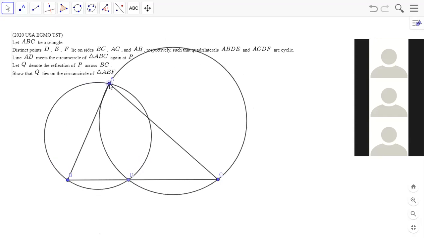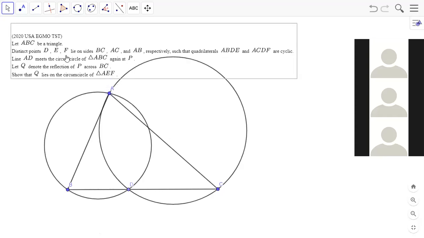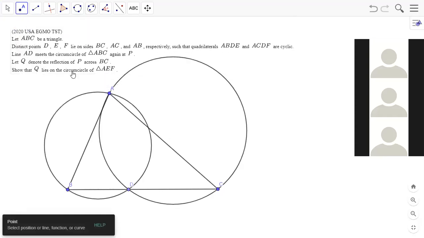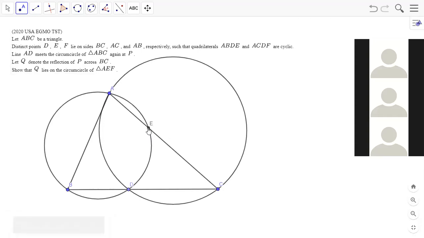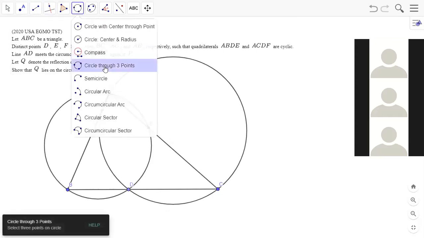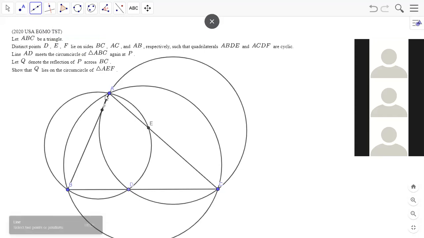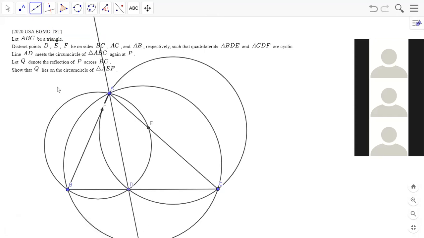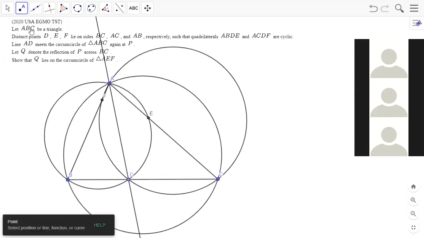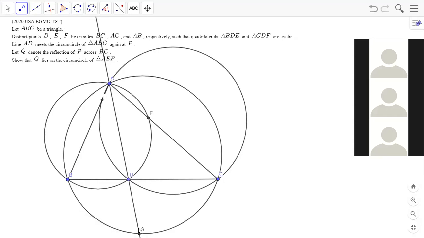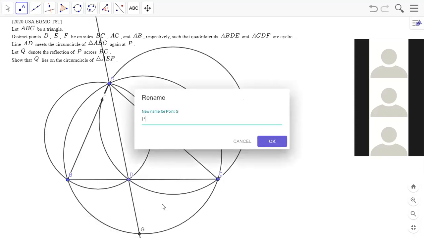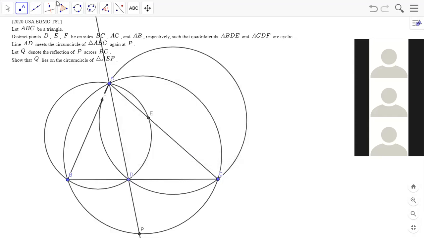So maybe we did this one before, actually. I'm not sure. So we draw the circumcircle of ABC, and AD meets it at P. And Q is the reflection of P across BC.